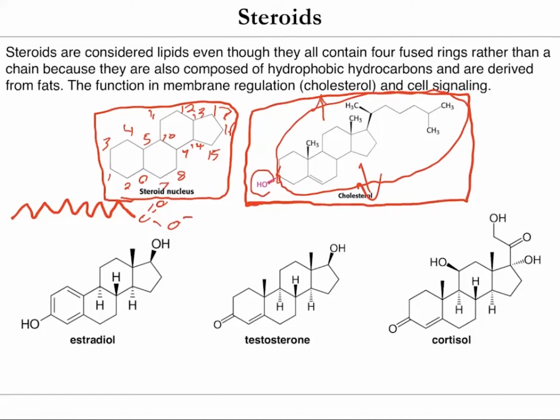And then this hydroxide group can interact with the polar heads of the lipids in your membrane. So cholesterol is extremely important for regulating the fluidity of your membranes in your body. But cholesterol is also the precursor for a bunch of other steroids that actually have signaling functions in your body.